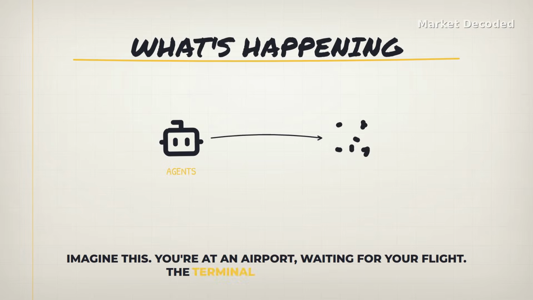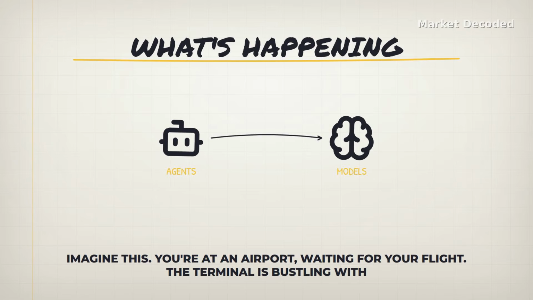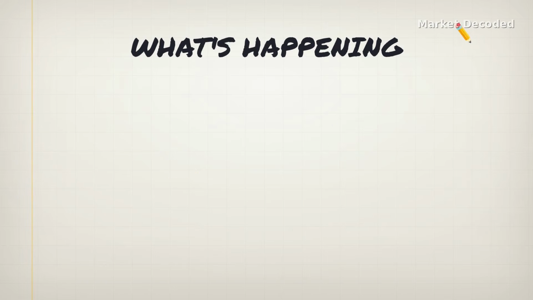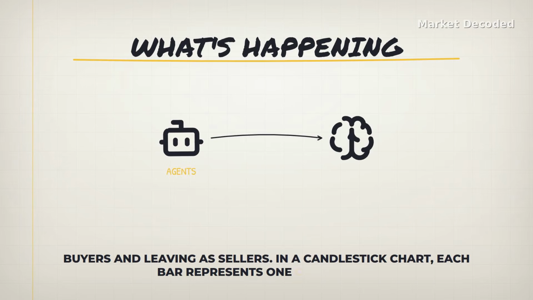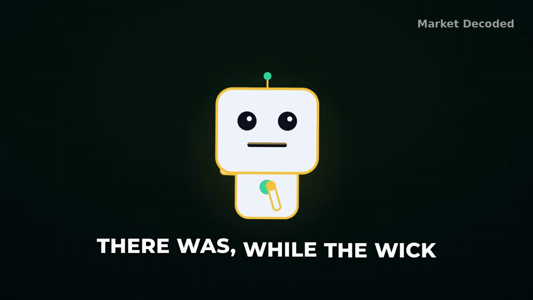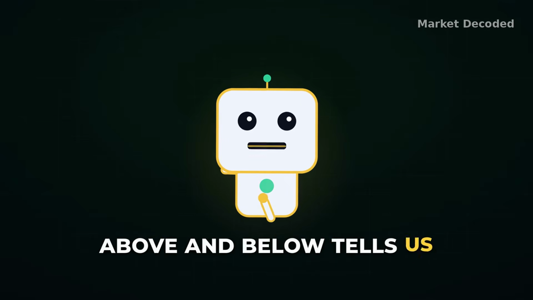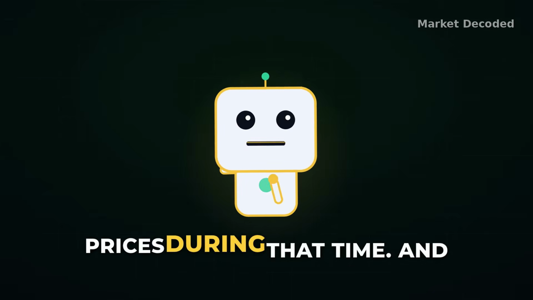The terminal is bustling with people, some heading in, some out. Now, picture those entering as buyers and leaving as sellers. In a candlestick chart, each bar represents one of these moments. The body of the candle shows how much buying or selling pressure there was, while the wick above and below tells us about the highest and lowest prices during that time.